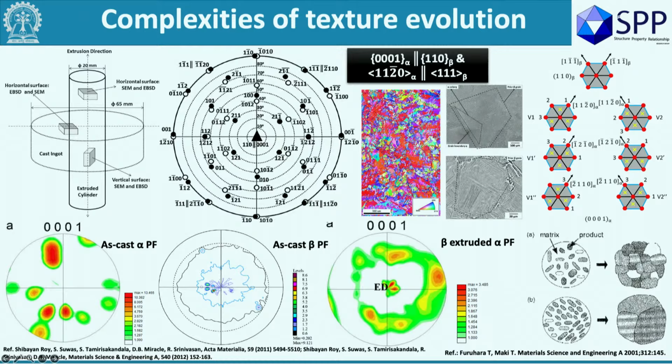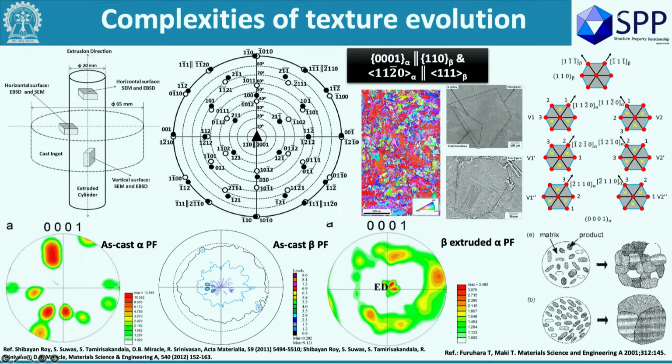If you look closely here, this is a family of planes, right? We all know from our basics of crystallography that these curly brackets give you a family of planes. Once those family of planes become specific, it gives you different possibilities, which we call variants.